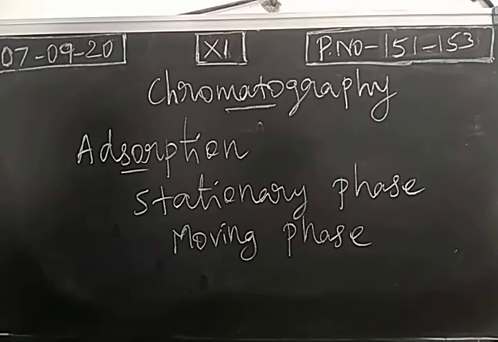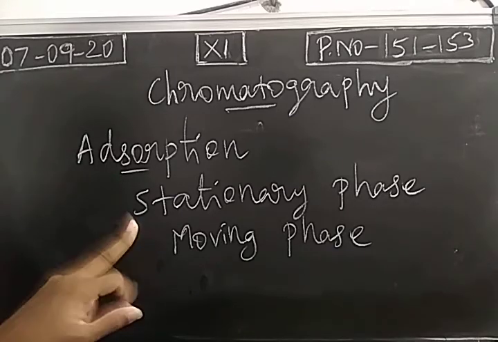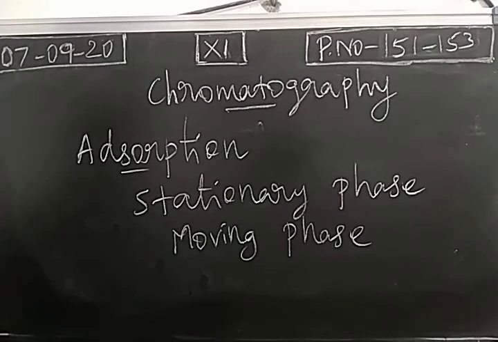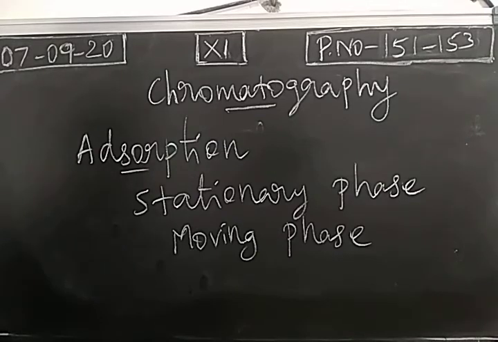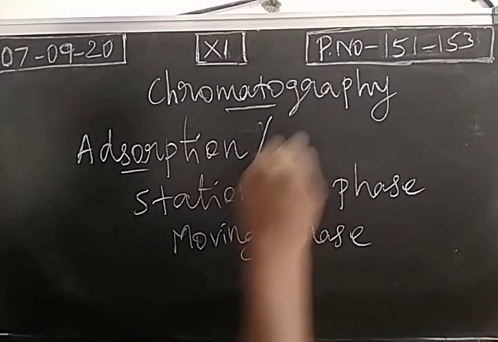If the stationary phase is a solid one, then there will be a process called adsorption. We will discuss this in 12th. So when we take a solid stationary phase, the process is adsorption, and the technique is called the adsorption chromatographic technique. If the stationary phase is a liquid one, then the technique is called the partition chromatographic technique.